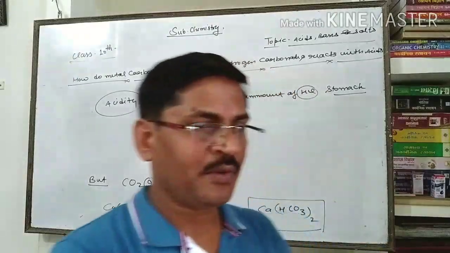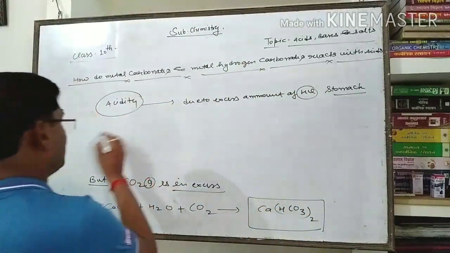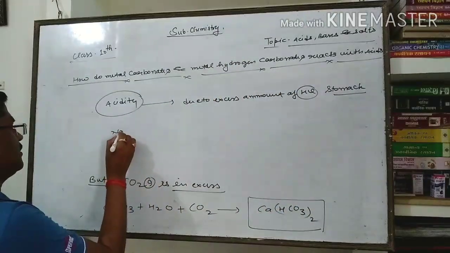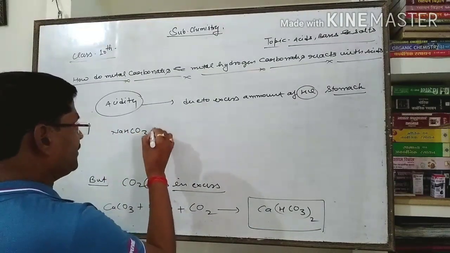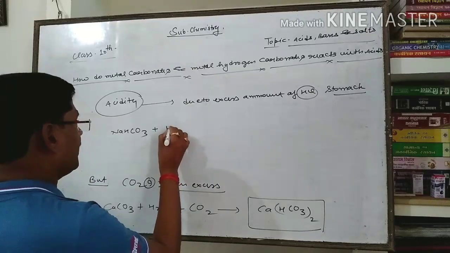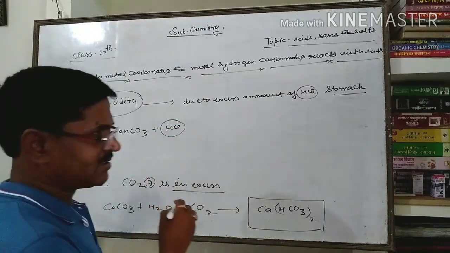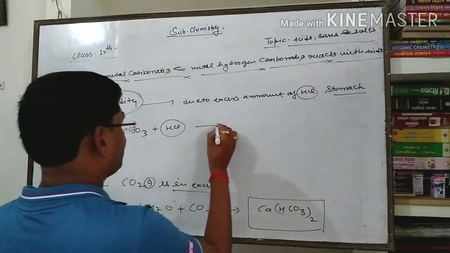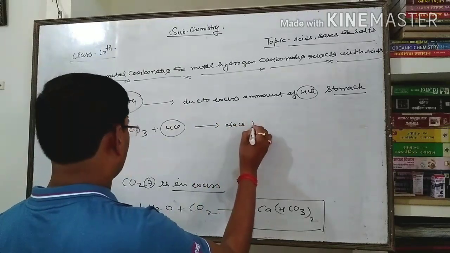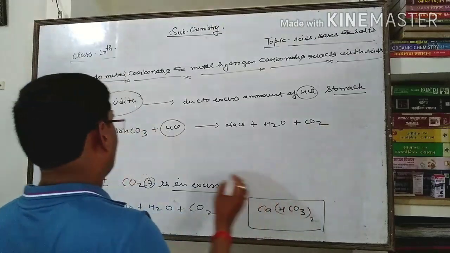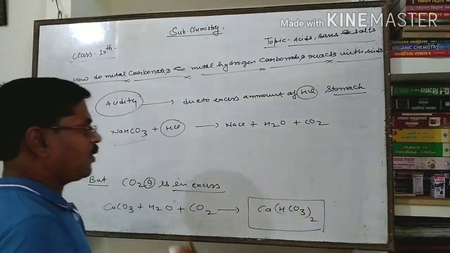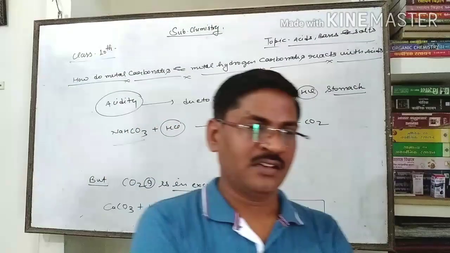It means that if you are going to take sodium hydrogen carbonate and react it with HCl, because it is already present in excess in the stomach, it will give NaCl plus water and carbon dioxide gas. In this way, the problem of acidity is neutralized there.